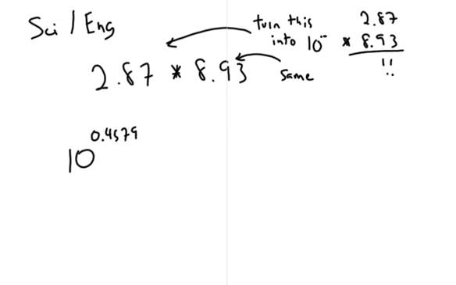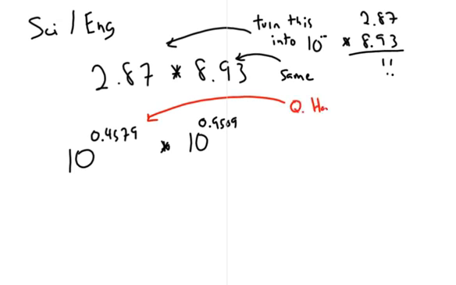So we're going to turn that 2.87 into 10 to the 0.4579. So it's not even 10 to the first. It's like 10 to the decimal point. But if you take 10 and raise it to the 0.4579 power, then you'll get 2.87. If you take 8.93, that's equivalent to 10 to the 0.9509 power, or exponent, I guess.